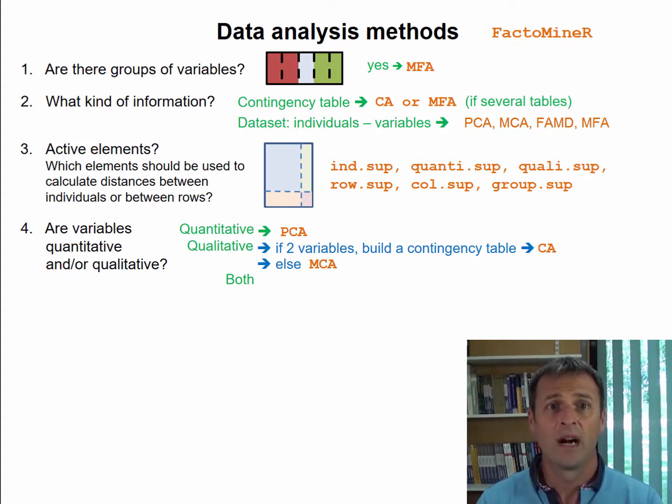In the case where there are more than two qualitative variables, do MCA instead, this time with the MCA function in FactoMineR. If the active variables are both quantitative and qualitative, we use factor analysis on mixed data. And with groups of variables, we perform multiple factor analysis.